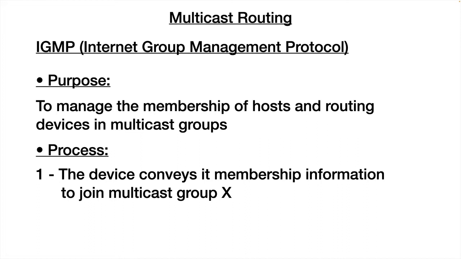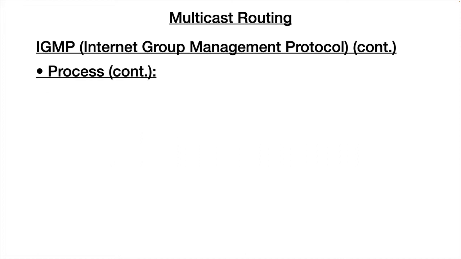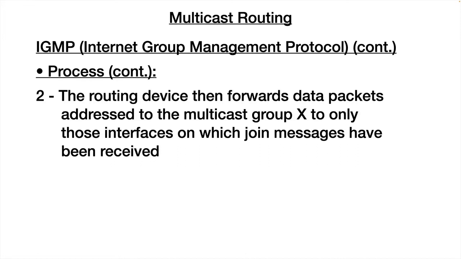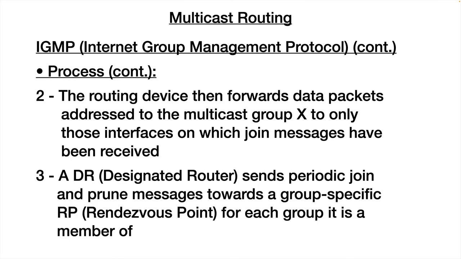The device states its membership information to join a particular multicast group, which we will call X. The second thing it does is the routing device then forwards data packets addressed to the multicast group to only those interfaces on which join messages have been received. So it only sends it to devices that care about the updates, or even down to the interface level.